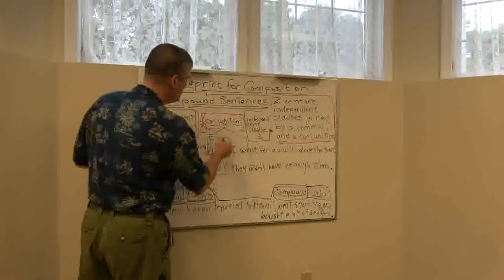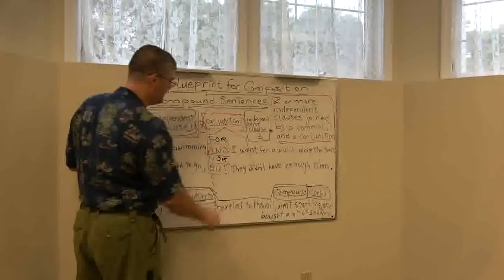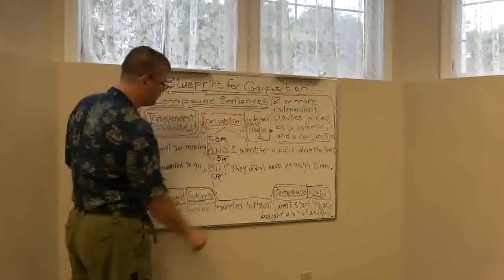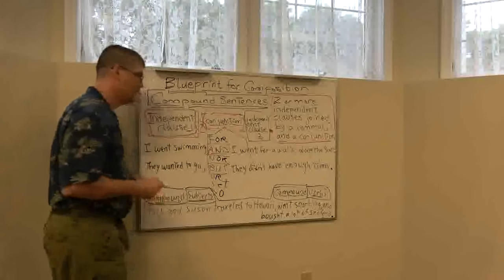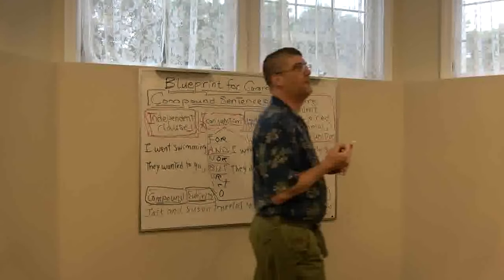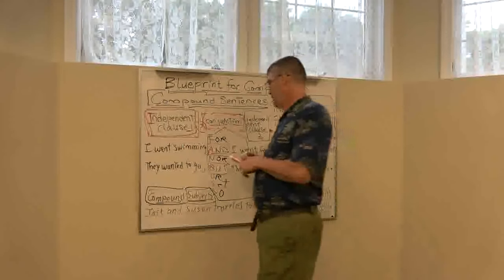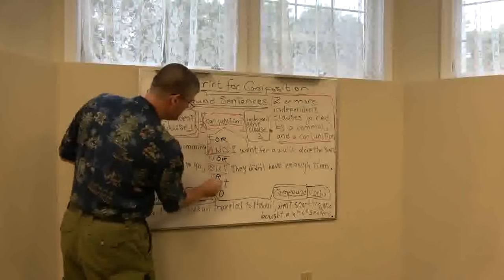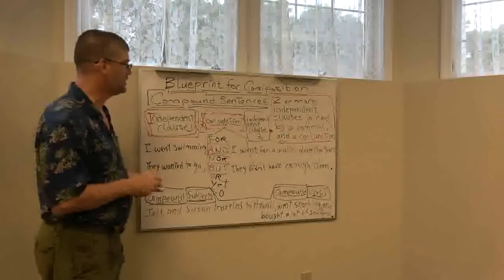F is for, N is for nor, O is for or, Y is for yet, and S is for so. So these are the most common words that we use as conjunctions. And again, this is a commonly known acronym for remembering these conjunctions.